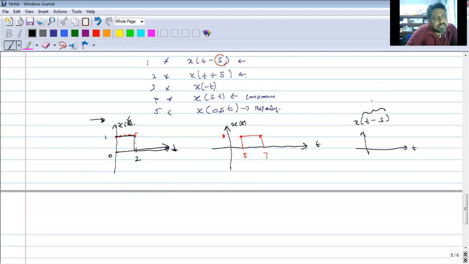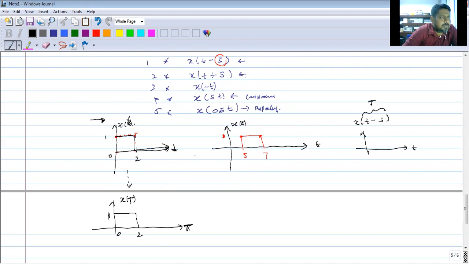So if we take t minus 5 as capital T, it is x of capital T, and if we draw x of capital T against capital T, we will get the same graph like this. Is it correct? So here I draw x(t) with respect to capital T, not simple t actually. So we will get the same graph, the same signal.